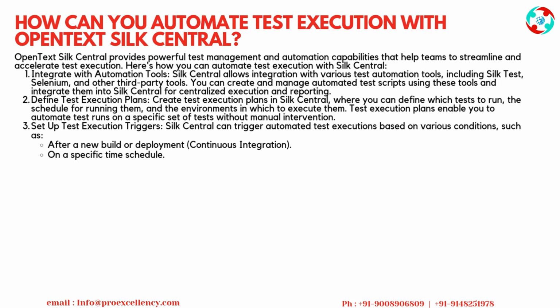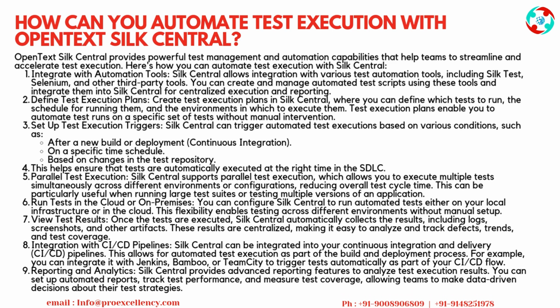How can you automate test execution with OpenText Silk Central? OpenText Silk Central provides powerful test management and automation capabilities that help teams to streamline and accelerate test execution. Here's how you can automate test execution with Silk Central. Integrate with automation tools.